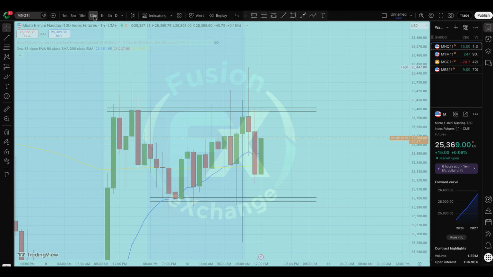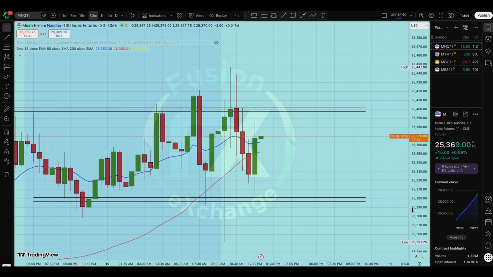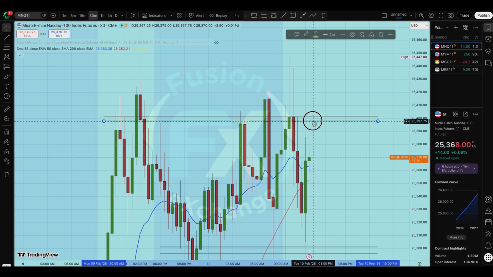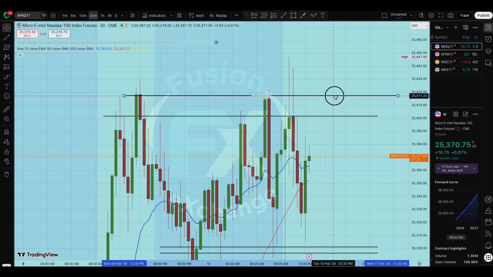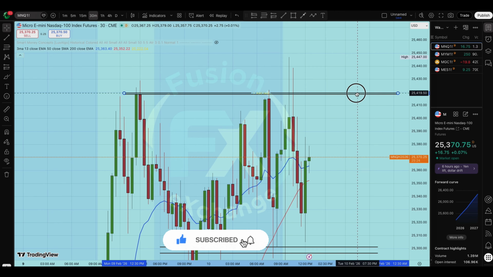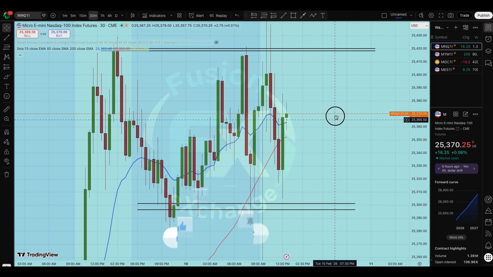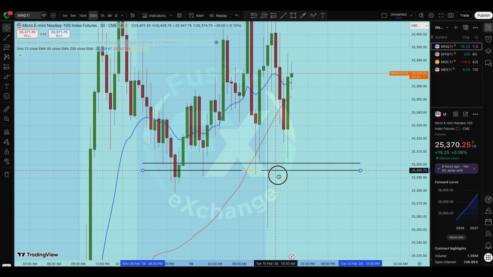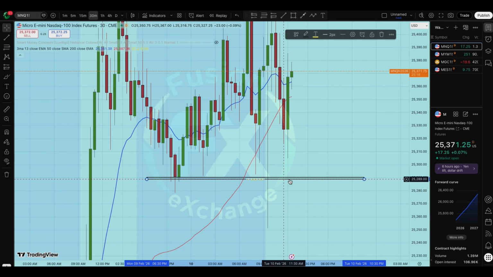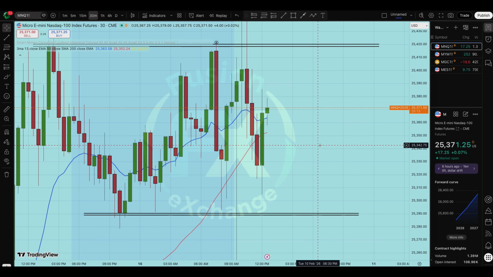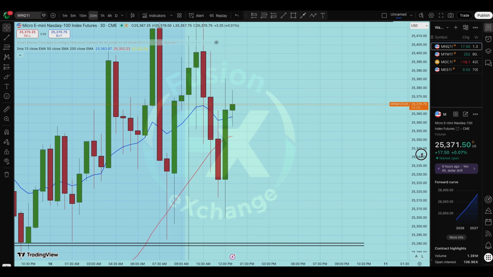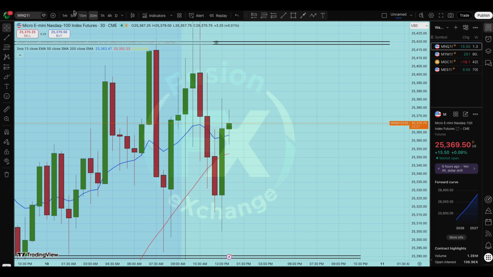So we scale down to the 30 minutes, and as we scale down, we adjust the zone. I fix up the zone, so that's our resistance, and I fix up the support. And as you realize how wide the zone is, it's tradable.